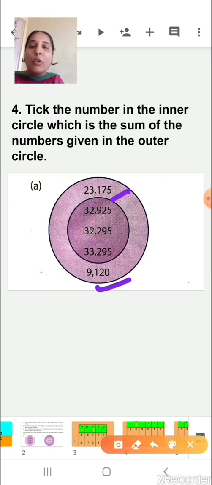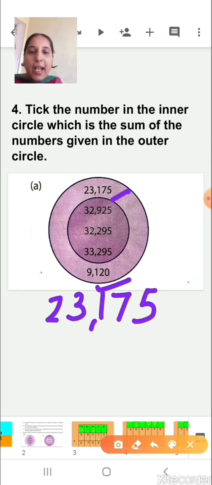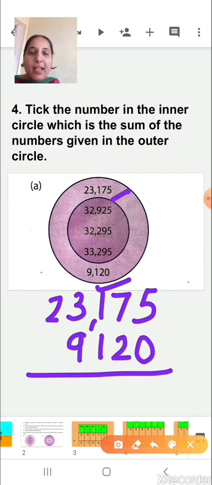So you have to add them. You have to find their sum, and then whatever sum is correct, there you have to put a tick in the inner circle. So let's find the sum of 23,175 and 9,120.